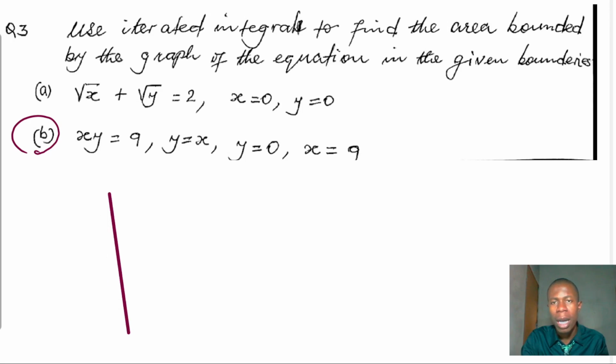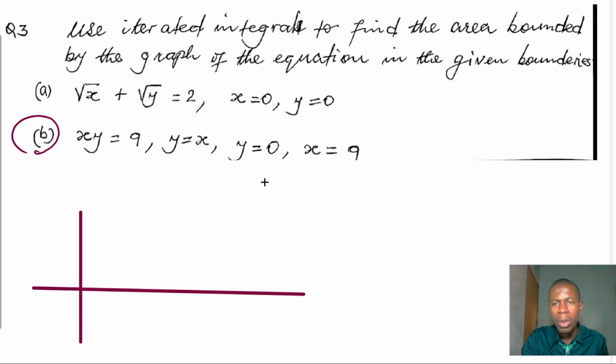All right, so for question B, I'm going to start with a simple sketch of how the boundaries are. These are the boundaries for the area that we want to find. We have xy equals to 9, which has asymptotes on the x and y axes. Then x equal to y will be a line going up like that.